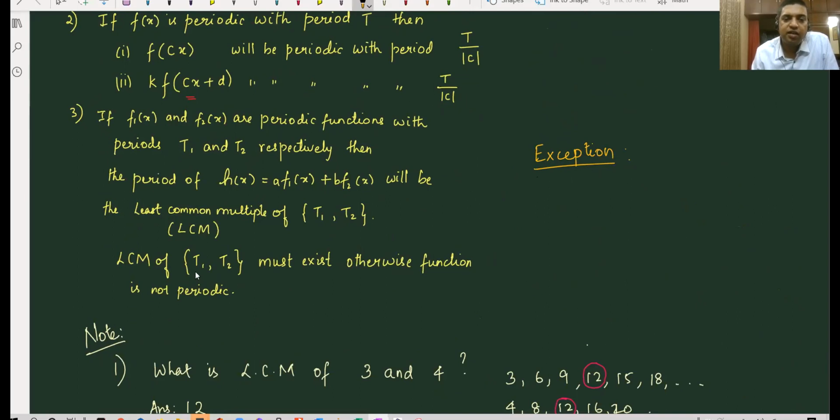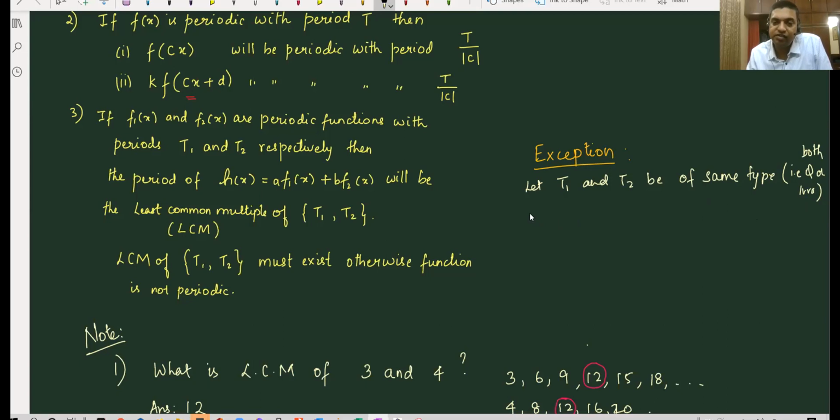Let's say T1 and T2 are of the same type, either both rational or both irrational, doesn't matter.